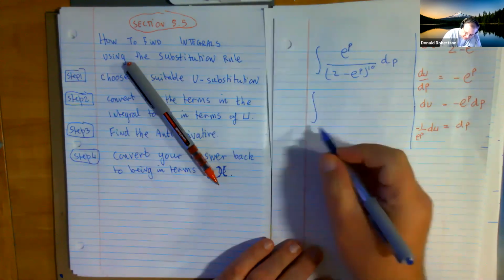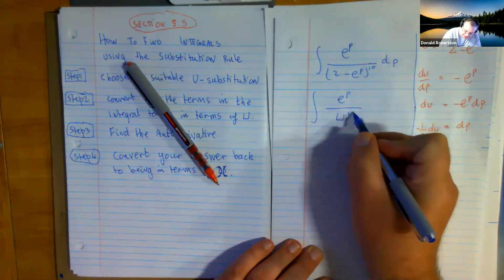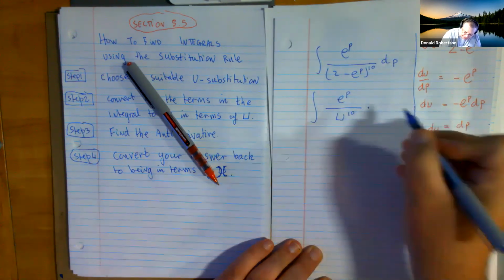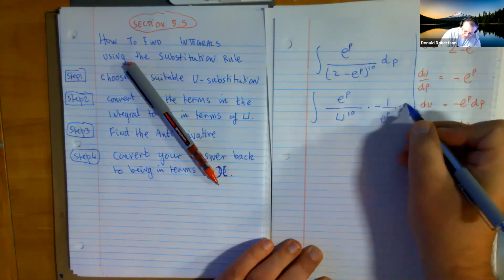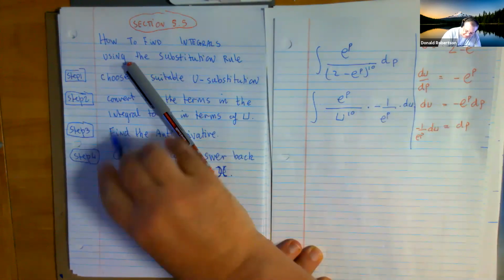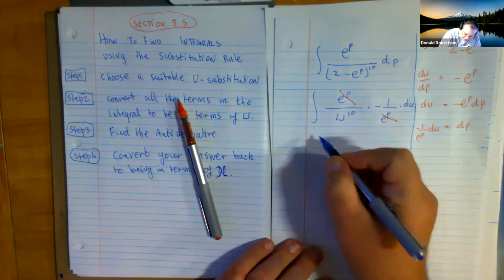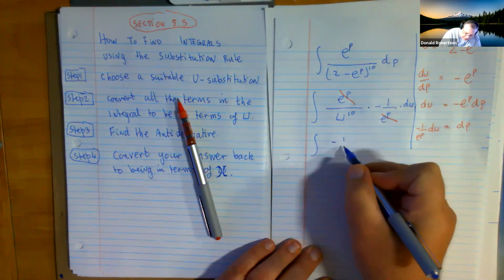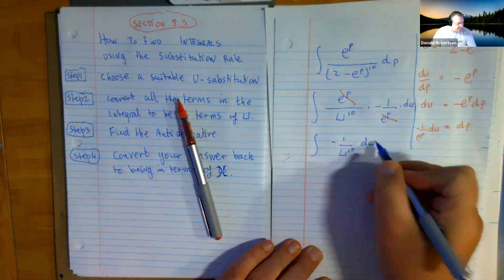So I have e to the p, I have u to the 10, I have a negative 1 over e to the p, and I have a du. And perfect. So I am now looking at negative 1 over u to the 10 du. That's where we are.